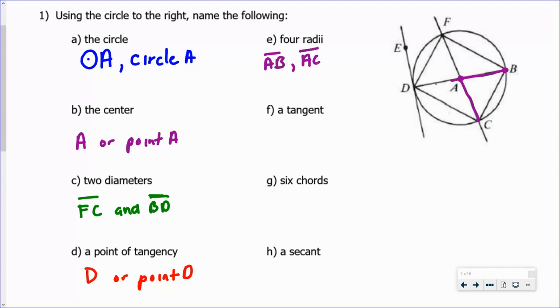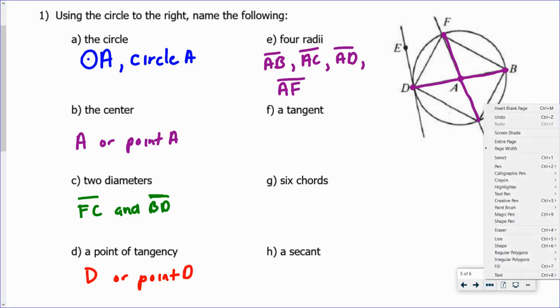Another would be A to D. And then the last radius that is pictured in this diagram is segment AF. Okay, so those are the radii that are pictured in this diagram for circle A.